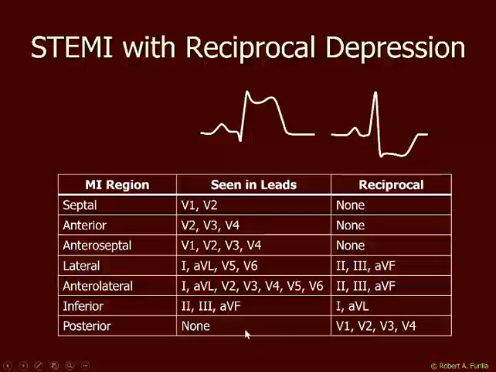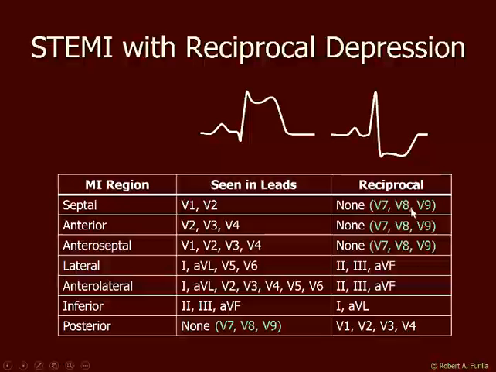We don't normally see a STEMI in the posterior leads unless we place them on the back. So all we're going to see with a posterior STEMI is a reciprocal depression in V1, 2, 3, and 4. One wants to be a little bit careful here because it might be mistaken for an NSTEMI. That is, an infarct producing an NSTEMI.